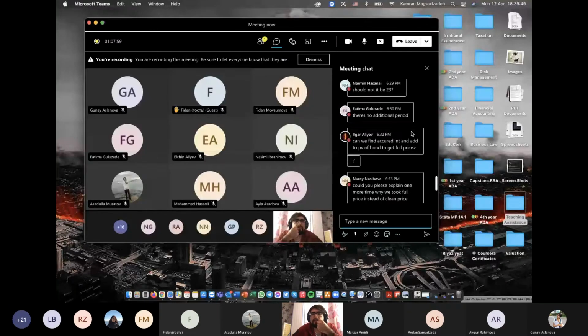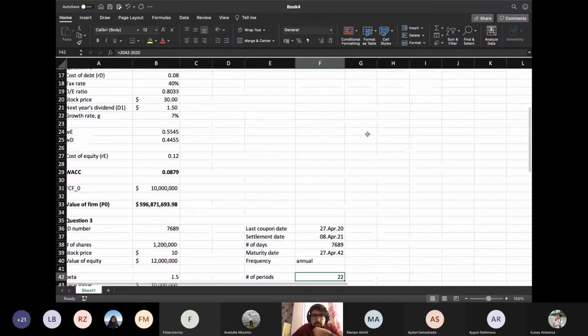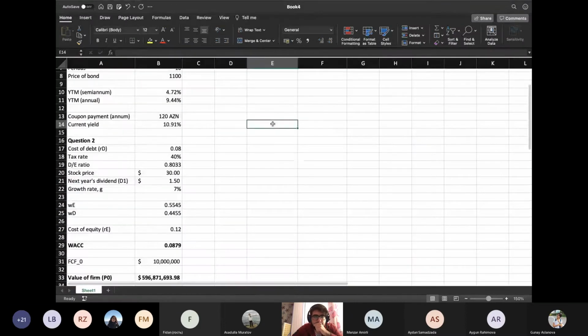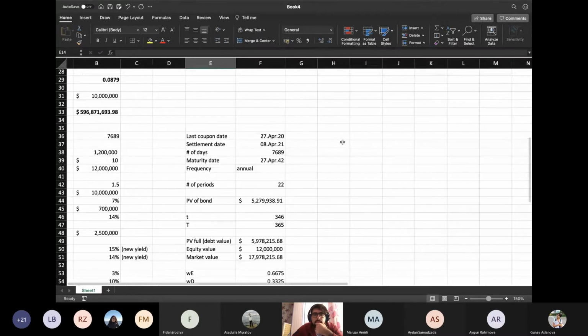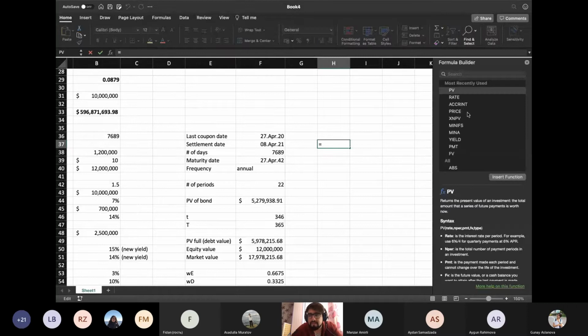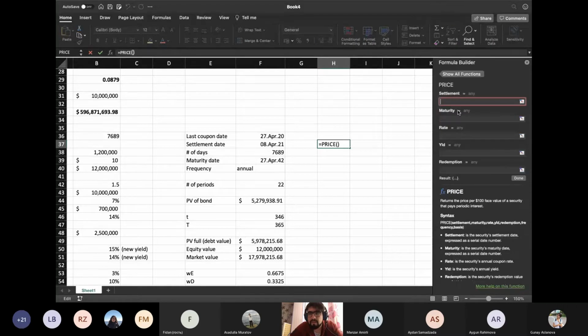Can we find accrued interest and add to PV of bond to get full price? Yes. For example, let's find clean price. So clean price: settlement is 8 April, maturity this one.